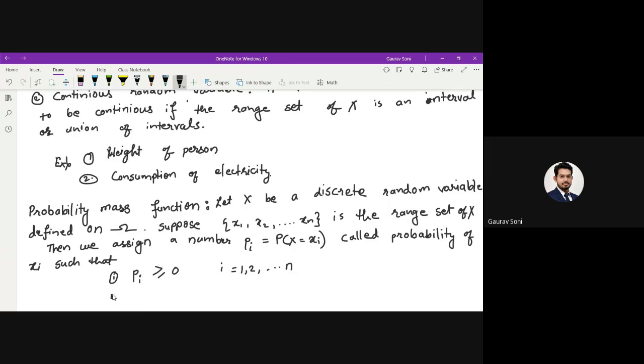And the second one, the summation of pi, i running from 1 to n, is equal to 1.